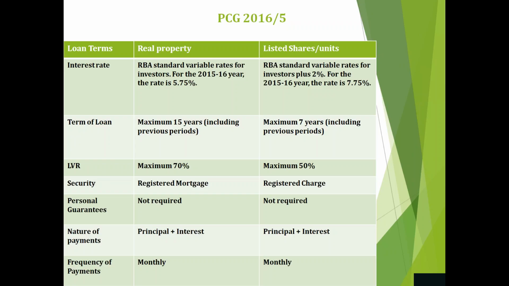Taking them one by one, here interest rates may either be fixed or variable in nature. If fixed, the maximum term for the loan is 5 years and interest rates are 5.75% per annum for real property and 7.75% for listed shares.